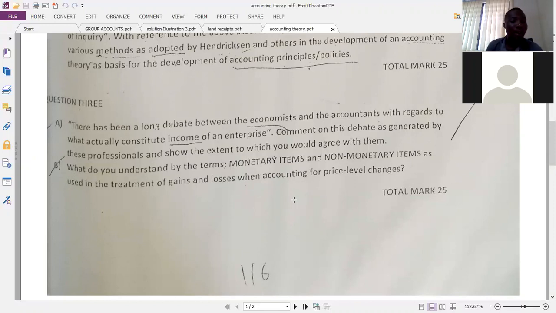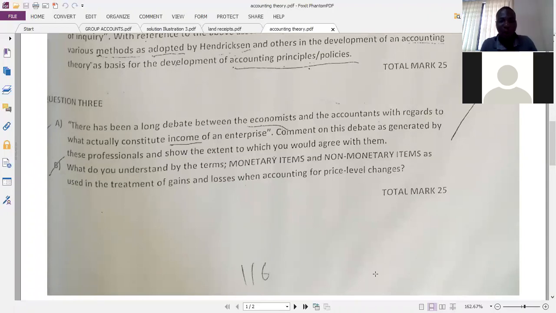When you come to the accountant, he does not just see the money in your pocket as an income. Even the money in people's pockets is an income, once it belongs to him. That is what we mean. So the debate has been between the two of them. Now, as a judge, do you agree with the economist's definition of income or the accountant's definition of income?